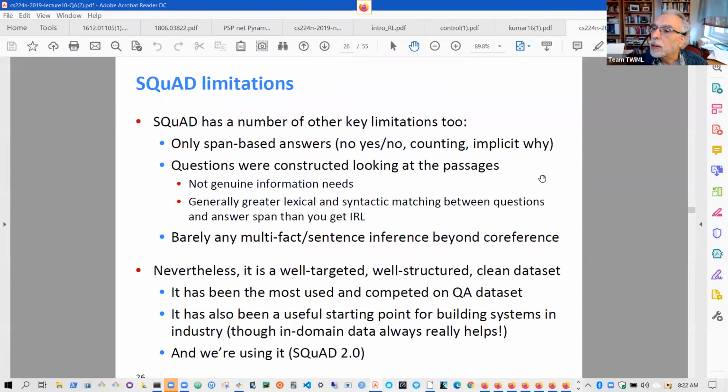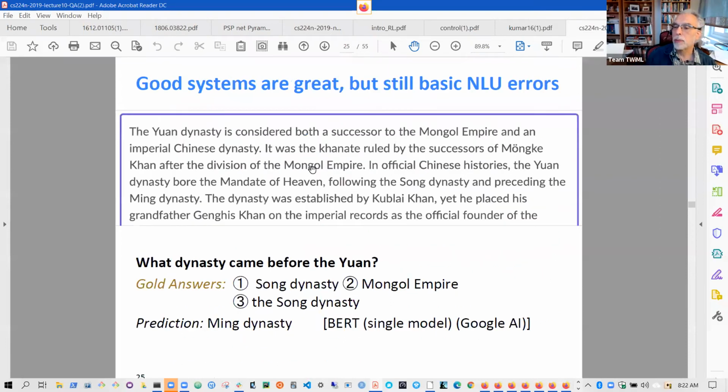Okay. But then he points out that if you have a system that can do well on this even at human level, it still makes some kind of errors. So here's an example. They're asking what dynasty came before the Yuan, and the gold answers are Song Dynasty, Mongol Empire, and Song Dynasty.